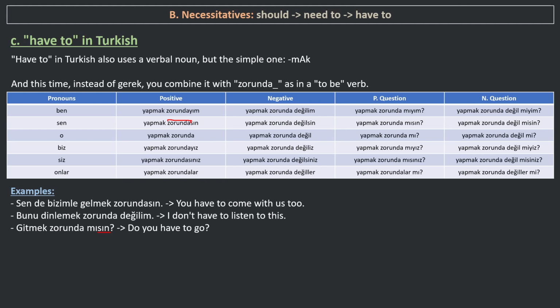So yeah, straightforward. You just need to understand the logic, and then depending on the context, bring your verb, put it in the place, and then add the mak or ma verbal nouns. If you want to say need to, you need to insert the genitive case for the pronoun, and then gerek. If you want to say have to, you need to insert mak on the verb, and then zorunda, and then the personal ending.